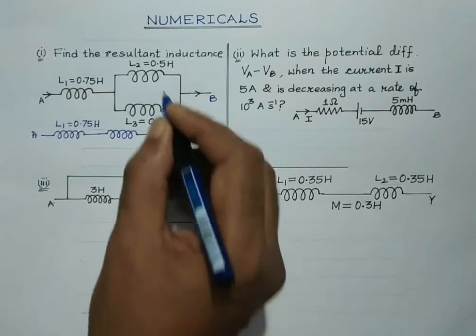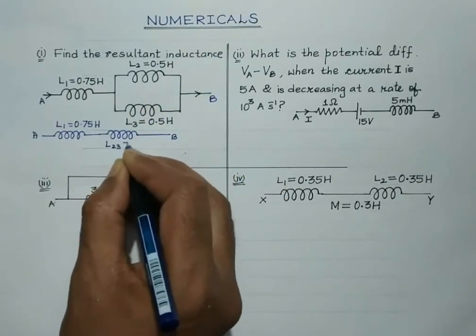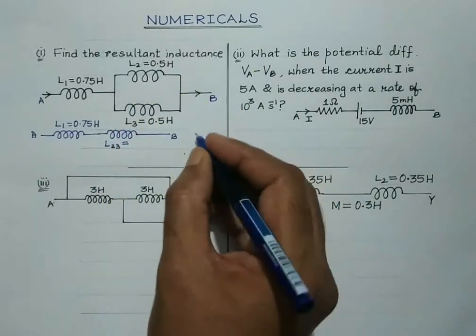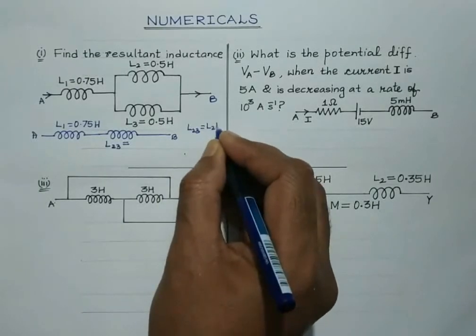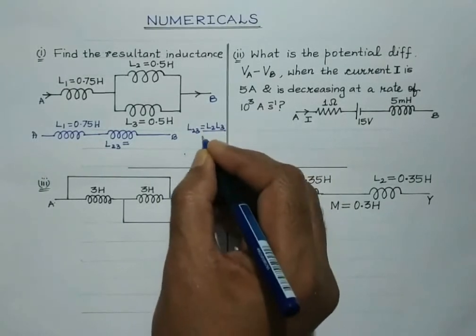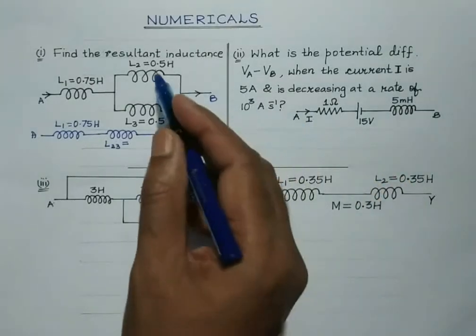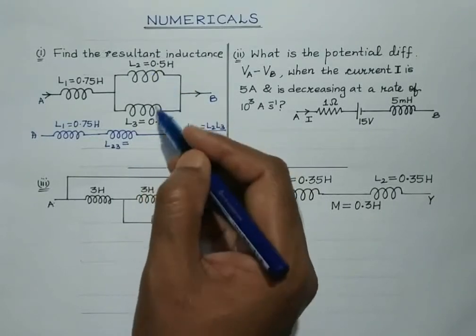So the effective value of inductance of these two inductors which are connected in parallel would be 0.25, because L23 would be equal to L2 into L3 divided by L2 plus L3. In the parallel grouping, we make use of the formula 1 by L parallel equals 1 by L2 plus 1 by L3.